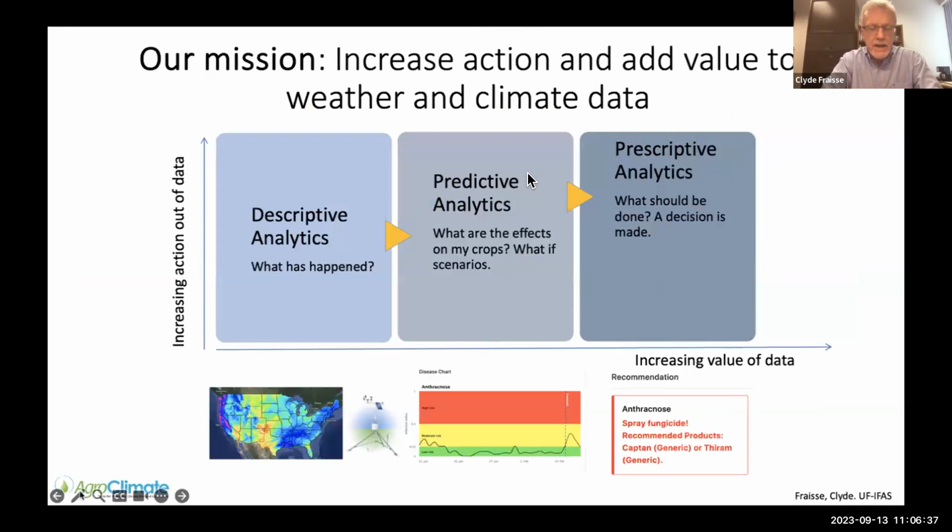One thing that I always like to start with is our mission, and it has been evolving with the years, but we consider that our main mission is to increase action and add value to weather and climate data. We know that many times we need to collect data first of all, to translate this into some sort of an action or a recommendation.